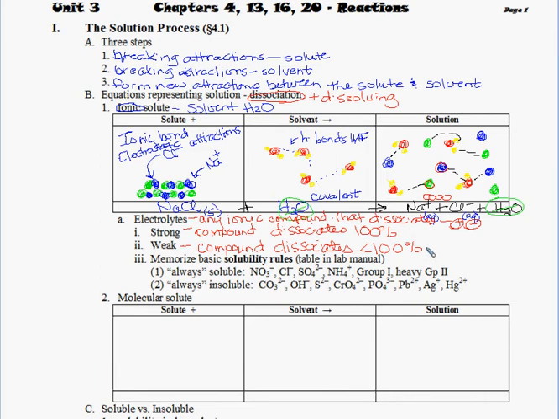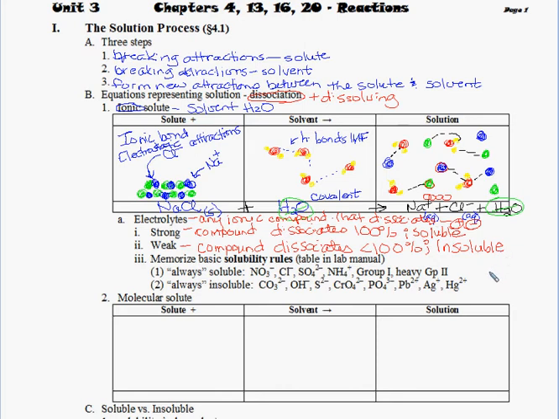At this point, we're going to consider those weak electrolytes reasonably insoluble. A lot of them will in fact form precipitates, and a lot of them are going to remain a solid at the bottom of the container, and so those are insoluble. So strong electrolytes are going to be highly soluble, and weak electrolytes are going to be insoluble for this unit.